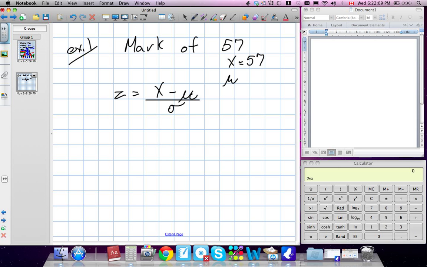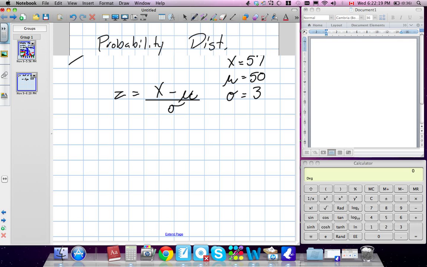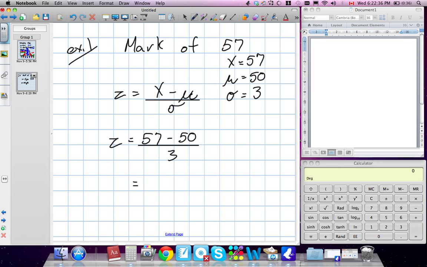Okay. So let's say we need to find out how far, in terms of deviations, a mark of 57 is from the mean. Okay. So when we look at our graph, we have a good idea it's going to fall between 2 and 3 somewhere, but they may want us to actually find out exactly how far it is. Okay, you guys have a formula.